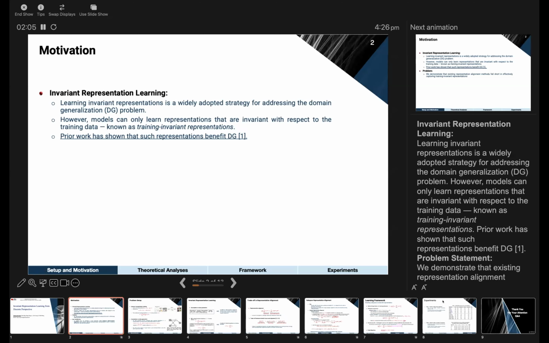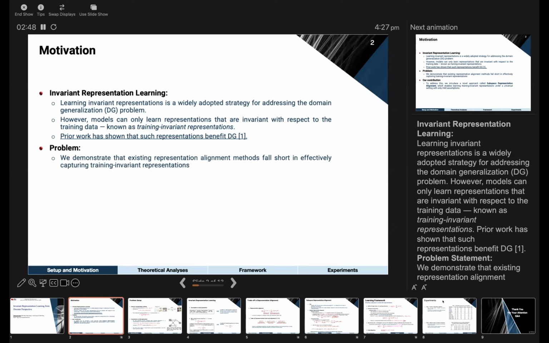So the underlying intuition here is that there is an underlying factor that should be invariant across domains. However, we can only learn the invariant representation from the training domains and ensure that it is invariant with respect to the training domains. However, in our prior work, we also saw that such representation still benefits the domain generalization setting.